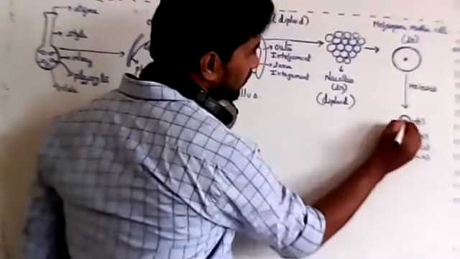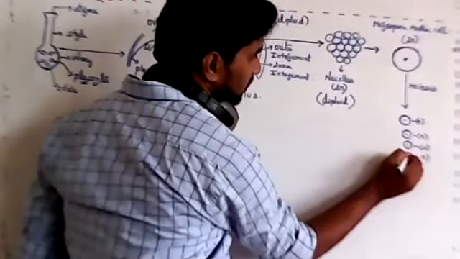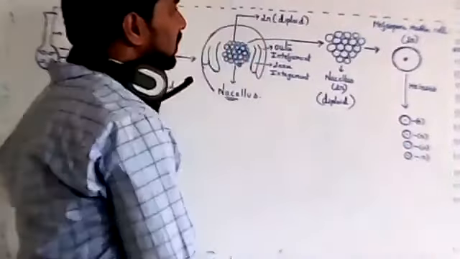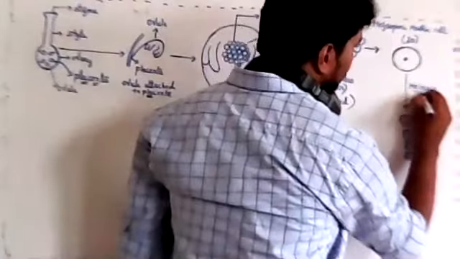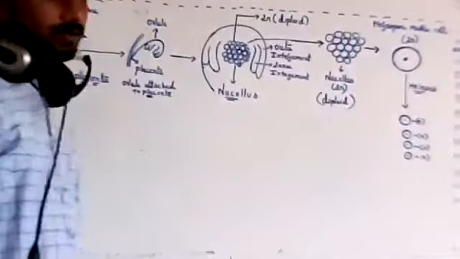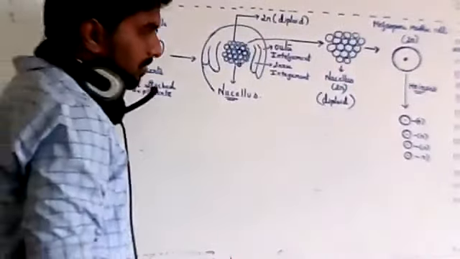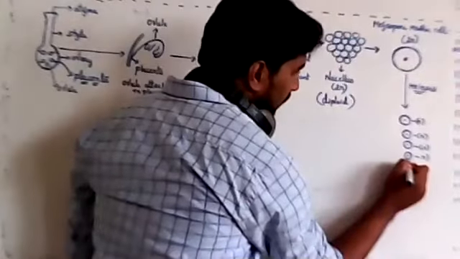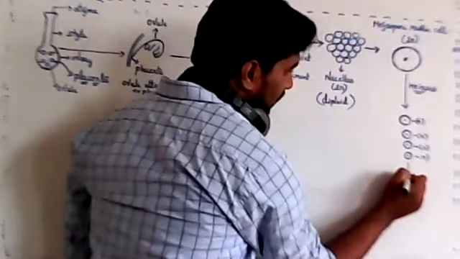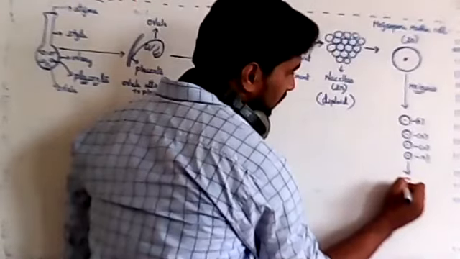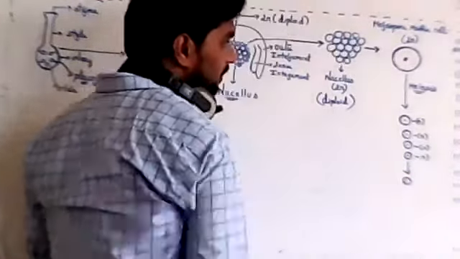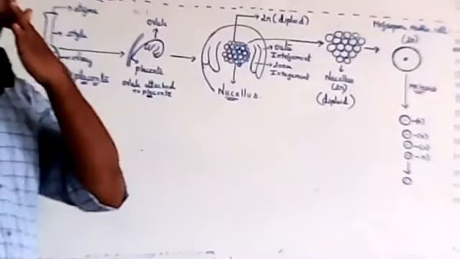So all will have a central nucleus. One round of meiosis: the diploid cell will undergo meiosis and form 4 haploid cells. Out of these 4, only one will survive. One will survive and 3 will die.